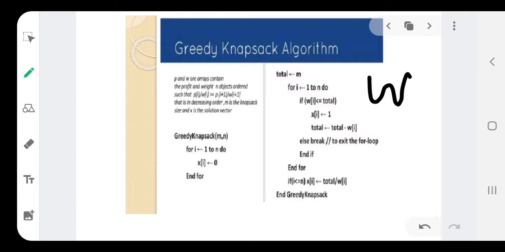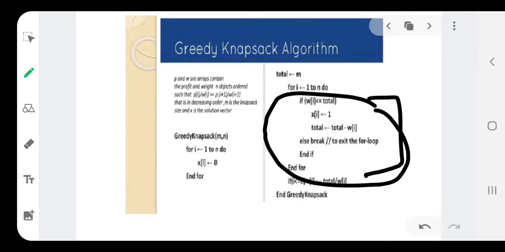Here we are selecting those objects that give the maximum profit, so that the object weight does not exceed the knapsack capacity.